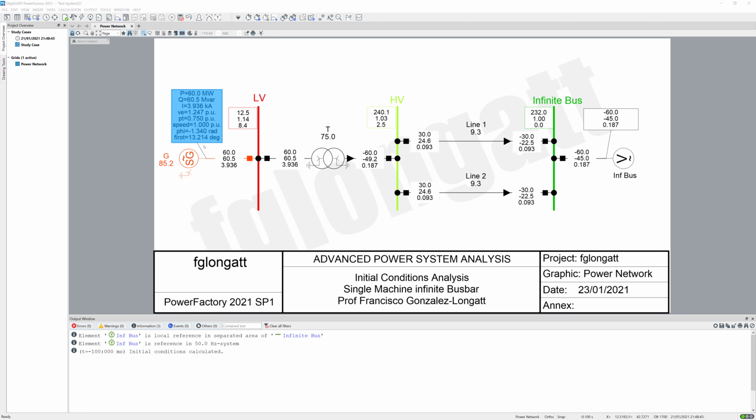When we are running the initial conditions, we take the differential equations, okay? But we assume that the system is in a steady state. That means that the differential component of all those differential equations is equal to 0.